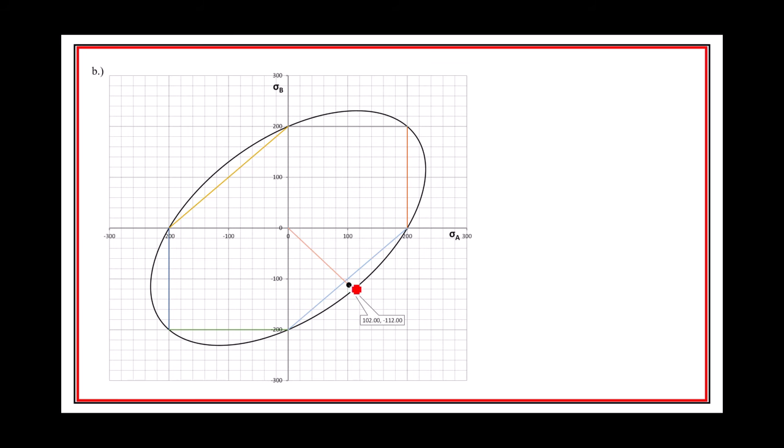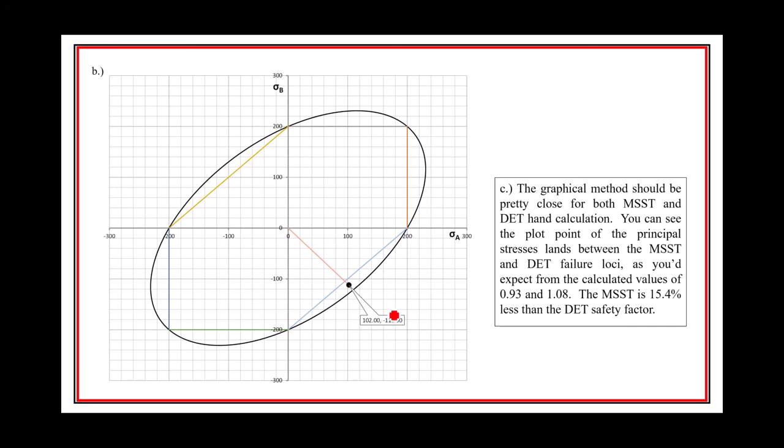And you can see why this happens, right? Because this stress point is in between the two: the maximum shear stress theory hexagon and the distortion energy oval, let's call it.